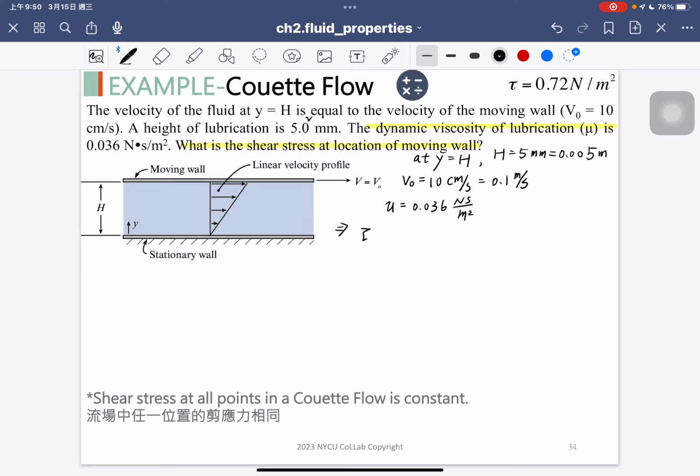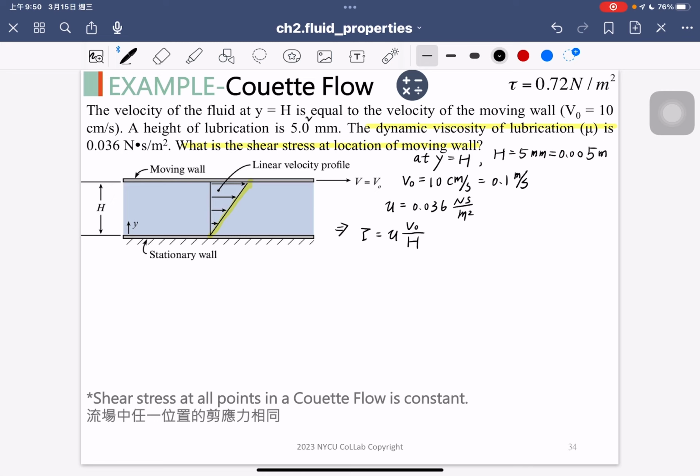We know that tau will equal mu times the gradient, and because we have a linear velocity profile here, the gradient is always a constant value: V0 divided by the thickness of the lubrication.